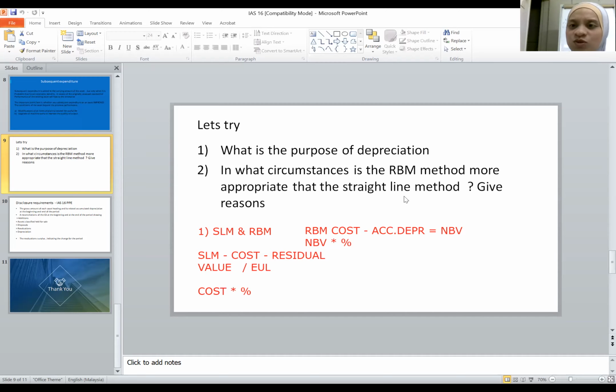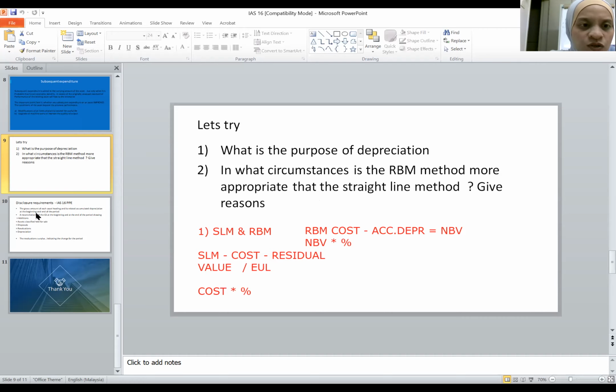Dah lama lah rumah ni. So, still rumah ni bentuk macam ni lagi, masih lagi kukuh, dia punya batu okey lagi. So kalau aset yang jenis macam tu, better you guna straight line method. Alright. So yang ini you all boleh tengok dekat page 147.